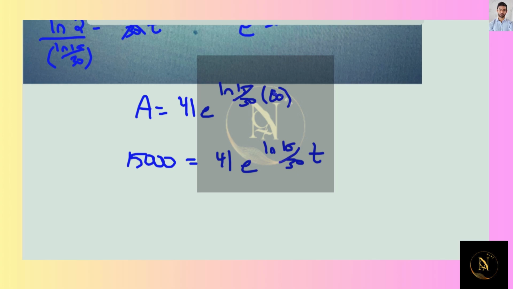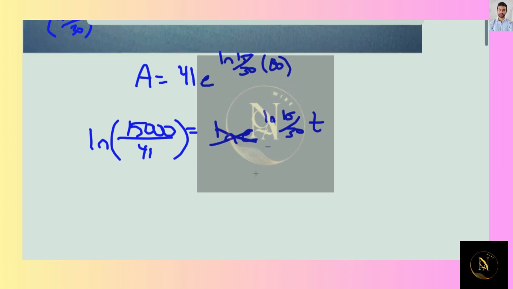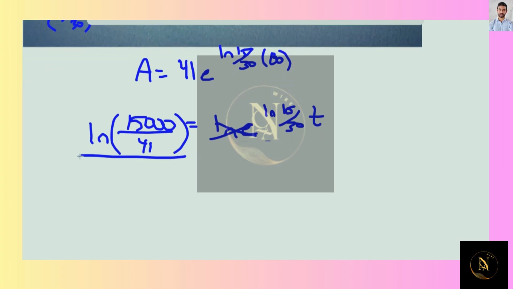This last one, you're dividing both sides by 41. That'll get rid of the 41 on the right-hand side, and then we're going to take the natural log of both sides. That's going to get rid of the exponential base e, and then you're going to divide by the natural log of 15 over 30. And we'll have t.